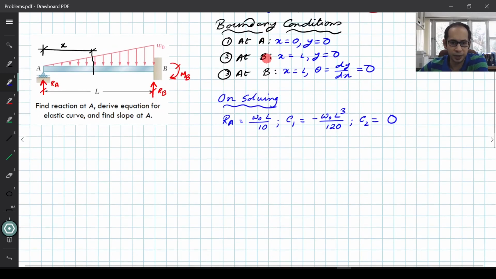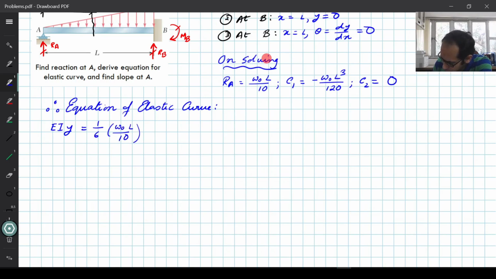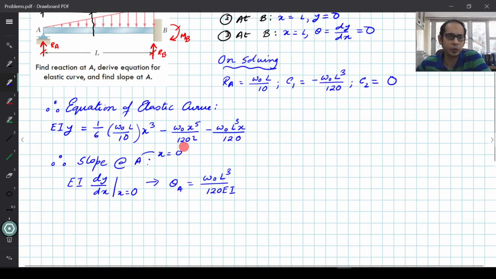You can come back and check. So this is the slope and this is the equation of the elastic curve.